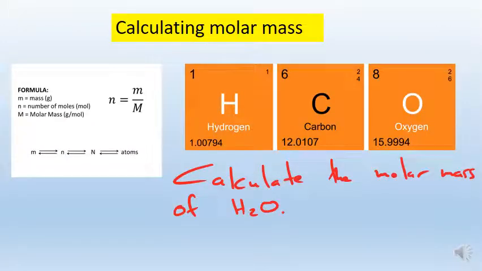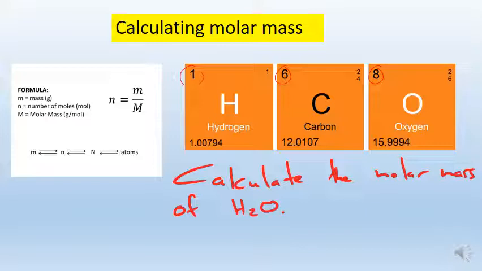Just to remind you, here is a little shot of the periodic table. What we see here is hydrogen. It has a molecular mass or molar mass of 1. Now look at the numbers on the periodic table. The smaller numbers at the top are the proton number, or what we call the atomic number, the number of protons in the nucleus.